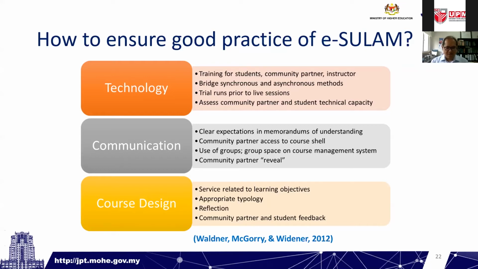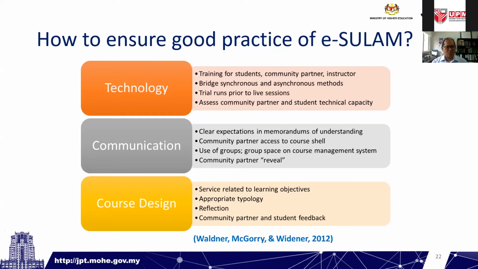The community partner shall be given access to the course, and they have to understand what is expected from the course, and the use of group space on the course management system. Community partner involvement in this case means that they need to be engaged throughout the discussion.